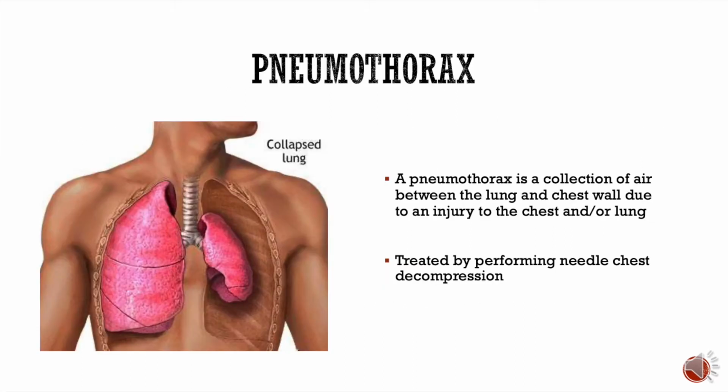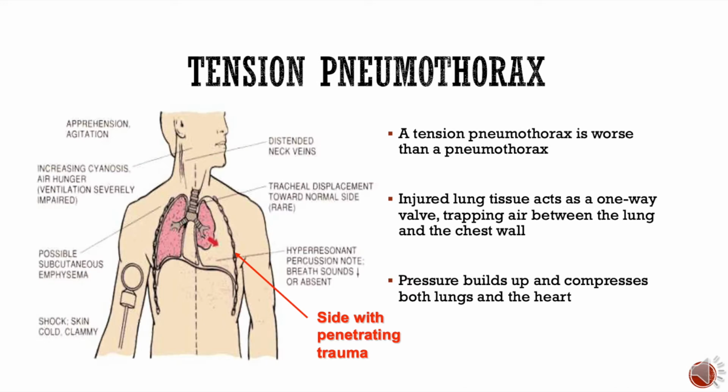Pneumothorax. A pneumothorax is a collection of air between the lung and the chest wall due to an injury to the chest or lung. This is treated by performing a needle chest decompression. Tension pneumothorax. A tension pneumothorax is worse than a pneumothorax. Injured lung tissue acts as a one-way valve, trapping air between the lung and the chest wall.